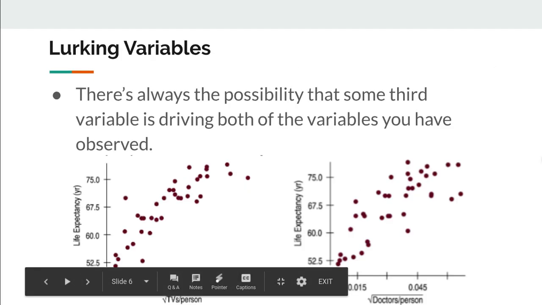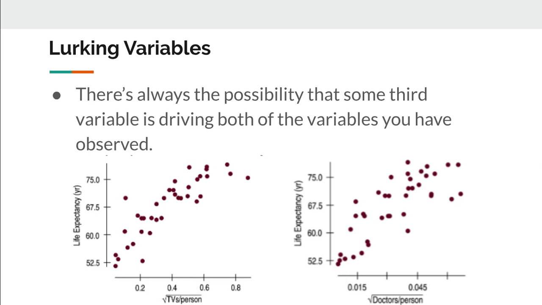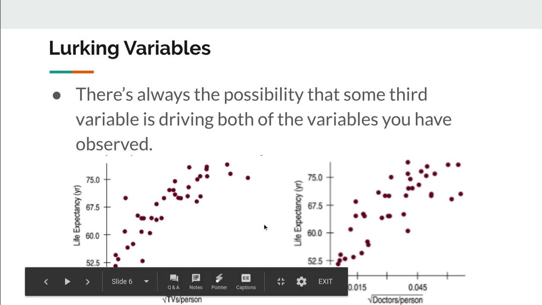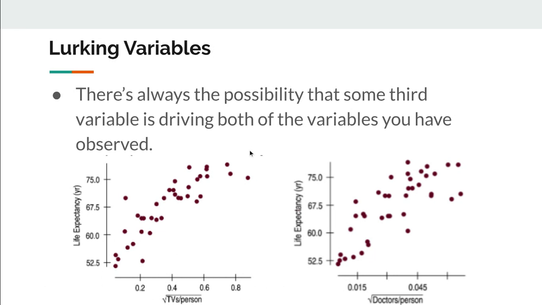Okay, so now we'll go over lurking variables. There's always a possibility that some third variable is driving both of the variables you have observed. Here we have life expectancy versus the number of TVs a person has. It's positively increasing, but it's also positively increasing for the number of doctors per person over here. So which one is it? Are TVs making people have longer life expectancies?